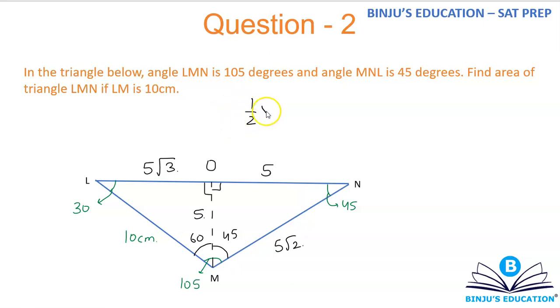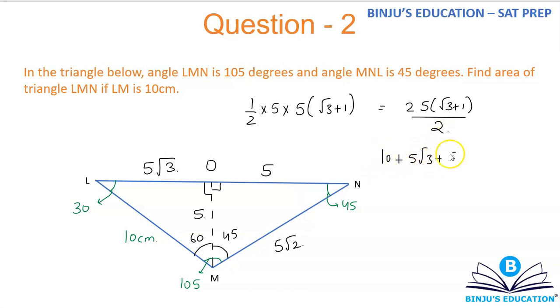So that is half into 5 into 5 into root 3 plus 1, so that will become 25 times root 3 plus 1, divided by 2. If they ask you to calculate perimeter, do that. You're going to have 10 plus 5 root 3 plus 5 plus 5 root 2.